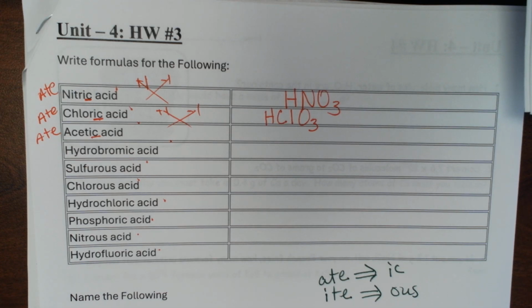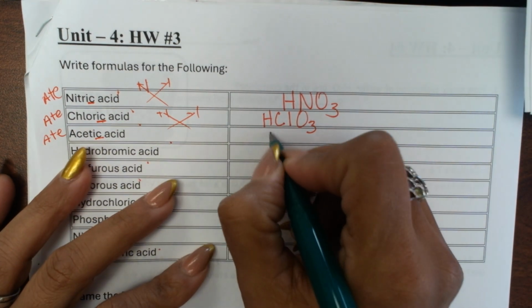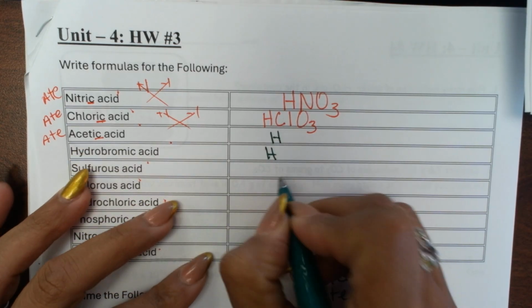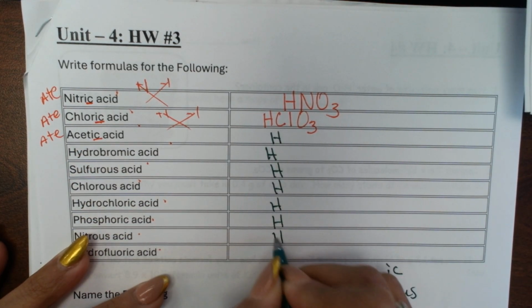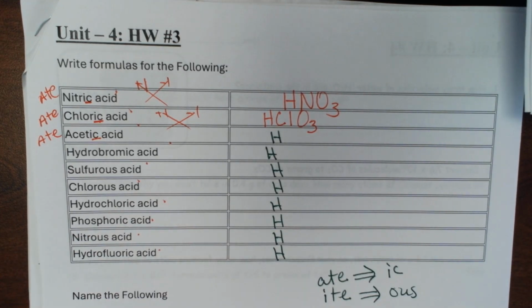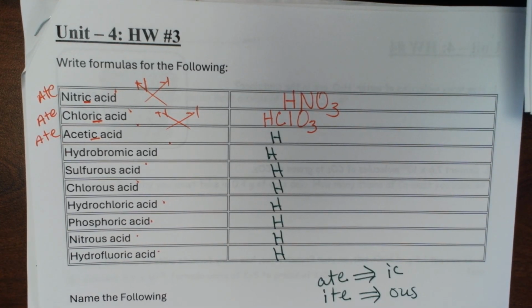Remember, if it's a binary acid or a ternary acid, you're still going to put acid at the end, and that's going to be the second name. So we're going to have hydrogen for each of them. Is it going to be a binary where it's just an element, or is it going to be a polyatomic?